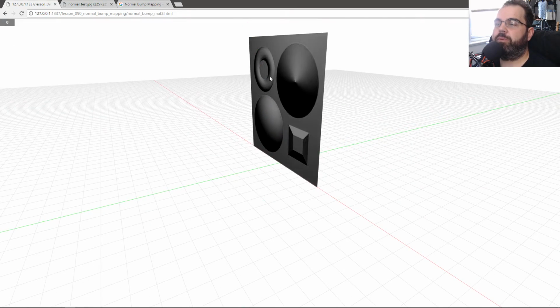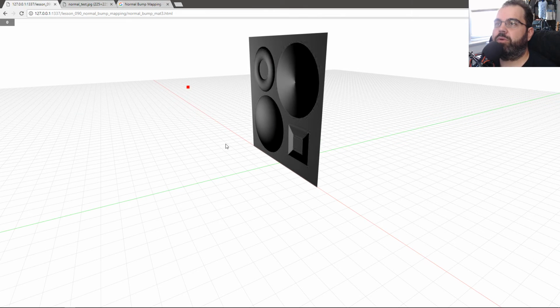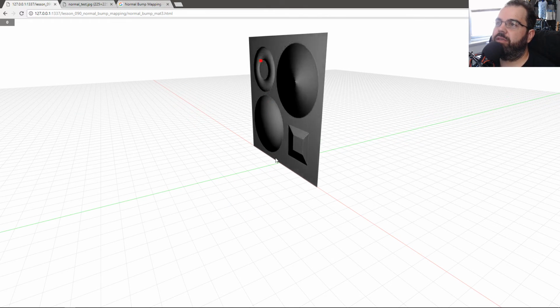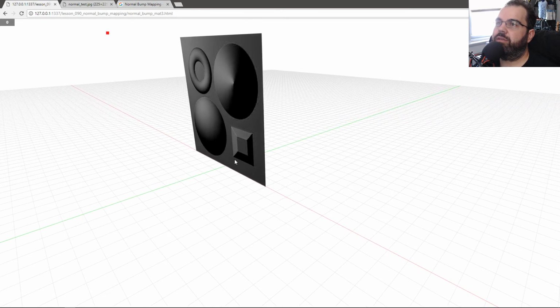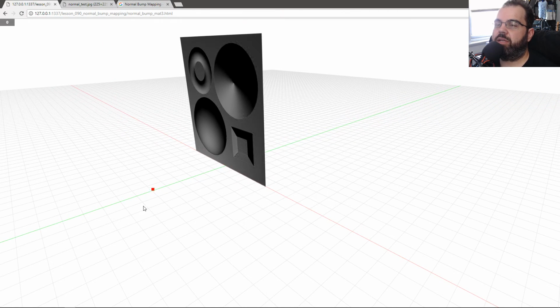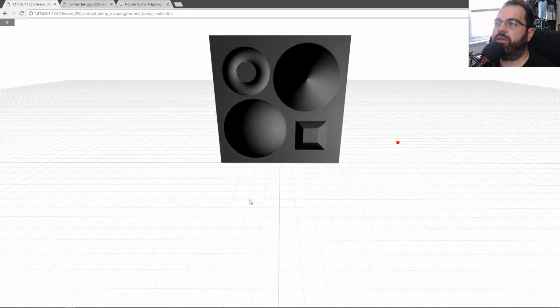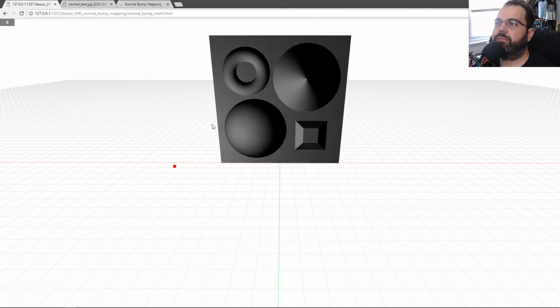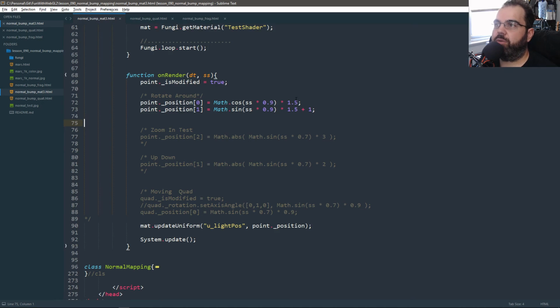I'm spinning around the X and Y coordinates, and I think I'm zooming in and out. Or no, am I? No, I think it's staying on this side of the Z coordinates. All right, so it just spins around. So there you go. Like I said, it took me a while, but I got it to work, and I got all these nice tests to really test it out.